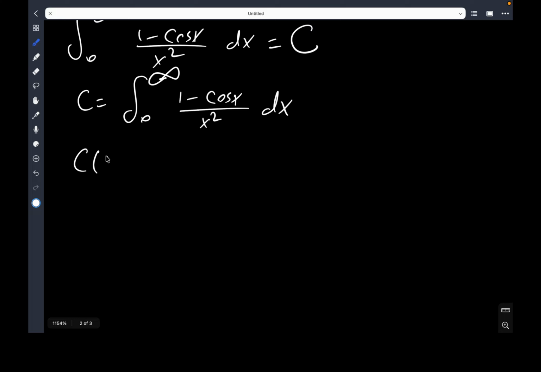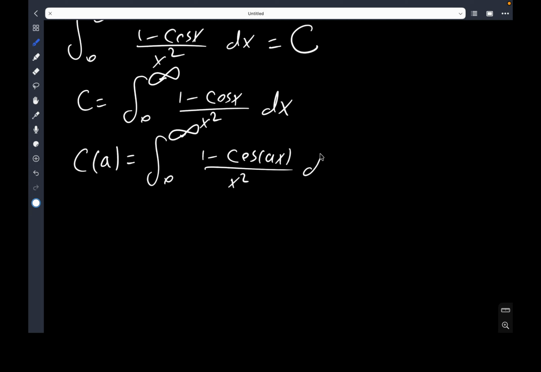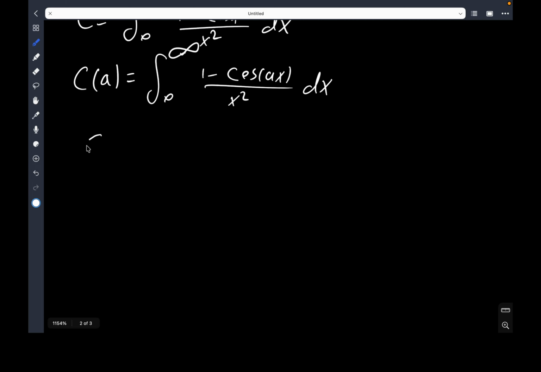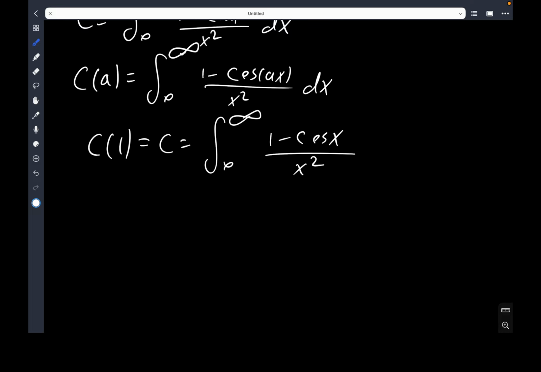Now I'm going to define c of a, which is going to be the integral of 1 minus cosine ax over x squared, and my objective for finding this constant, which is c of 1, is to find this integral using Feynman's trick of integration again.